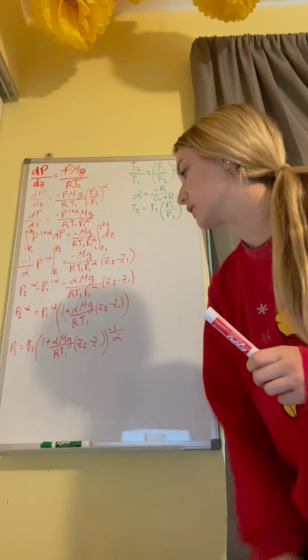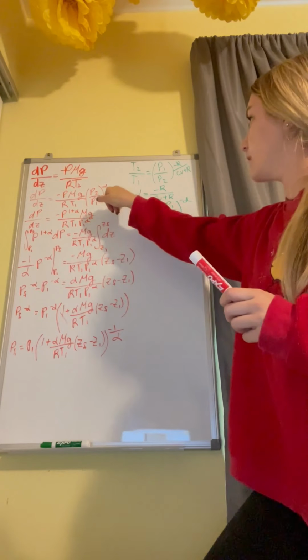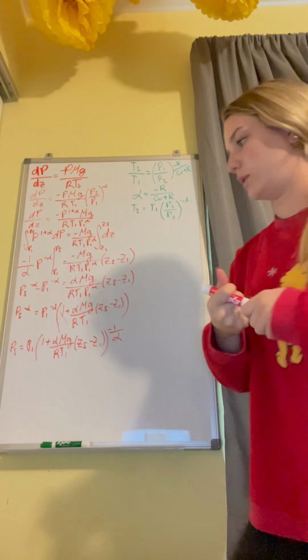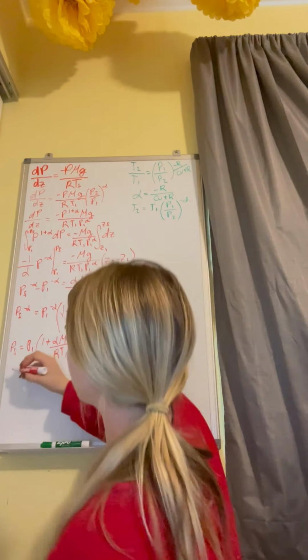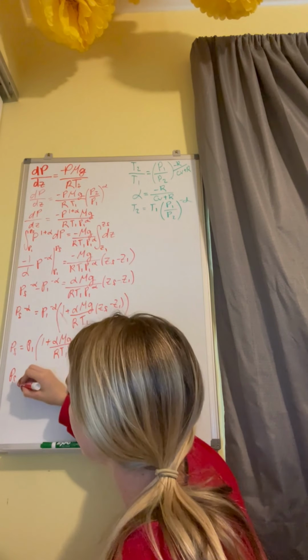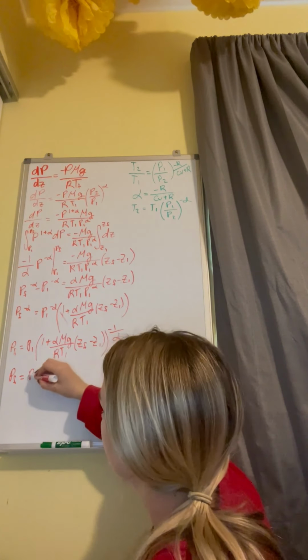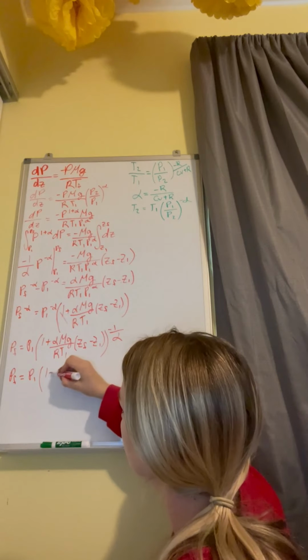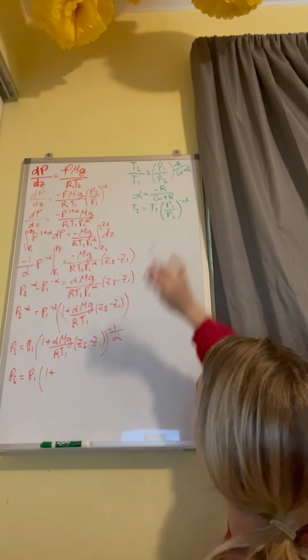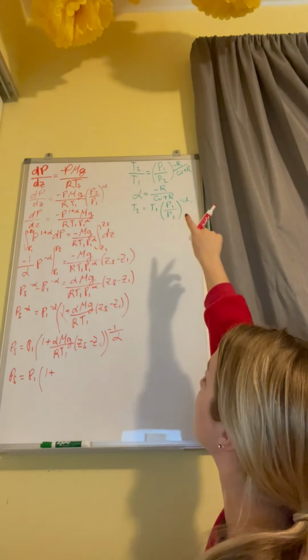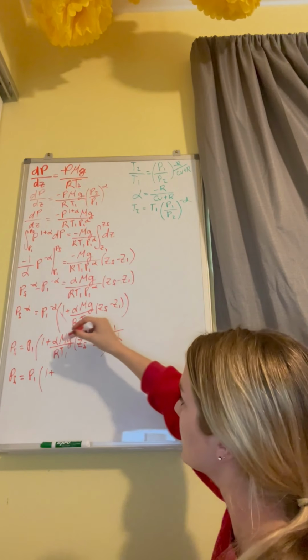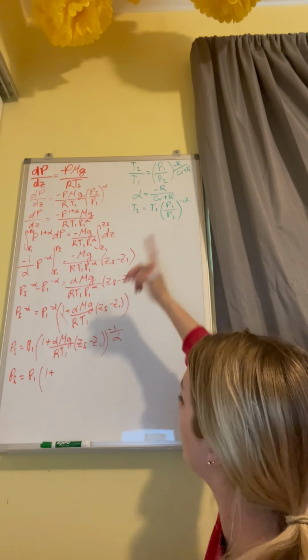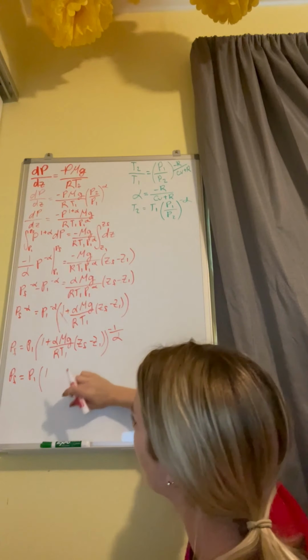Now we are going to plug back in our value for alpha into this equation. So we are going to get pf is equal to p1 times 1 plus. So our value for alpha is -r over cv plus r. So when we plug in, that r is going to cancel with the r on bottom.